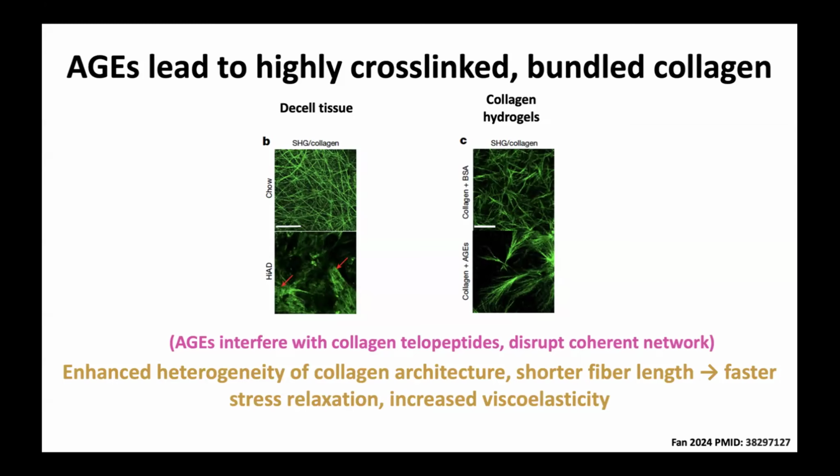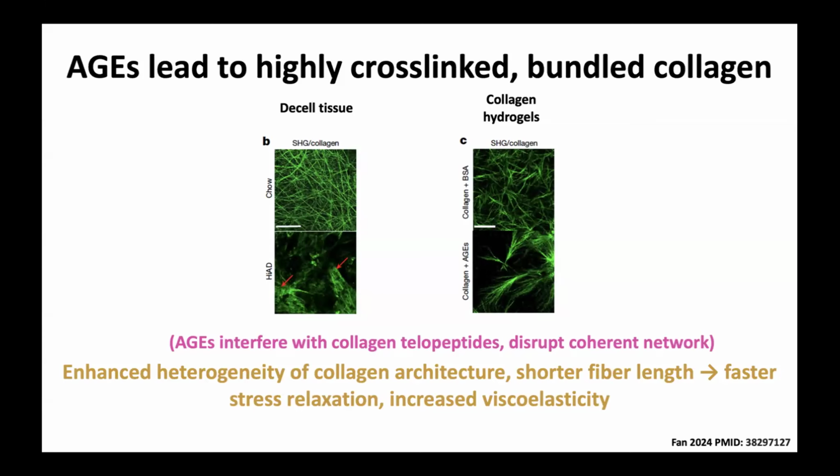This is what a normal collagen network would look like. This is what collagen bundles look like when there's high AGEs. So it completely screws up collagen structure. There is no coherent network. And the interesting thing is that the mechanics of the collagen network completely change.